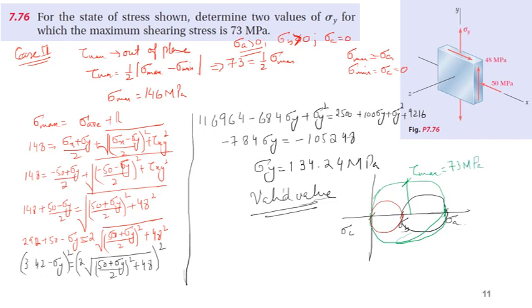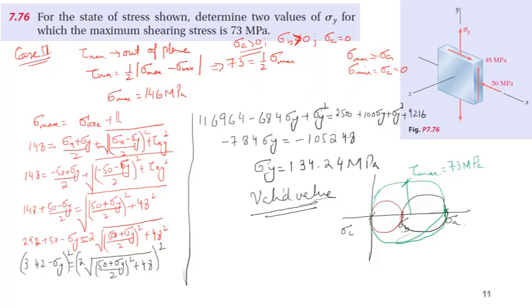So when you're designing, if you consider maximum out of plane shear stress, your sigma y should not exceed 134.24. But if you're designing for in-plane shear stress, meaning the maximum shear stress will be in plane, then it must not exceed 60 megapascal.